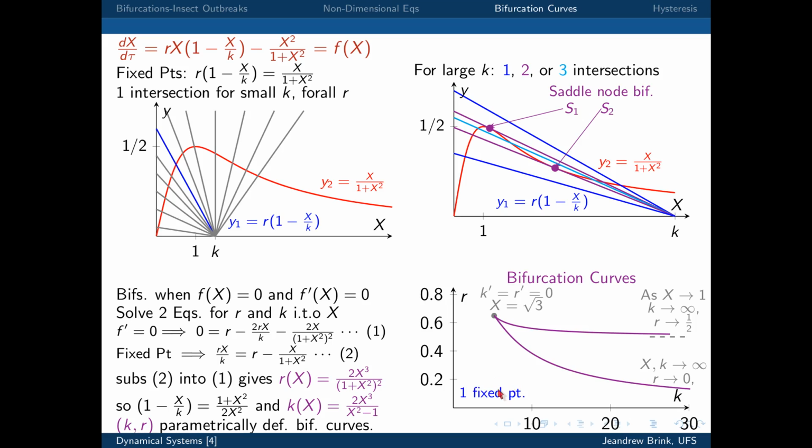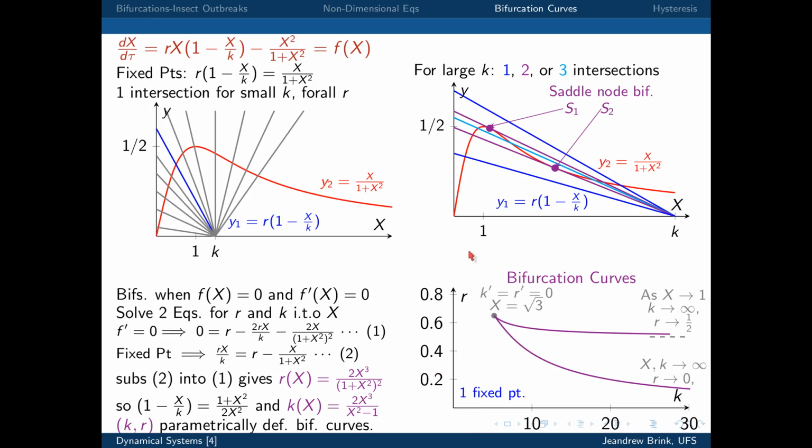Just another thing to note, if we go back to this graph over here, remember, if r is any value and k is small, then we have this picture over here that we only have one fixed point.